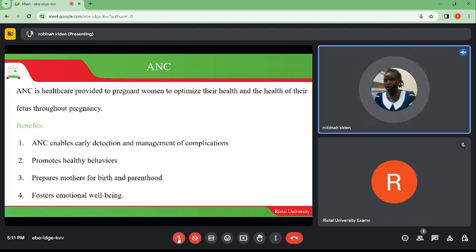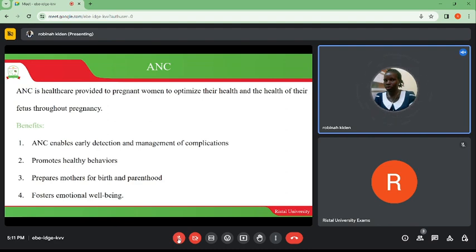From the time of conception until they deliver, they are supposed to be under strict health care that keeps observing and monitoring how the fetus is growing, how it is affecting the mother, and what can be done to help.